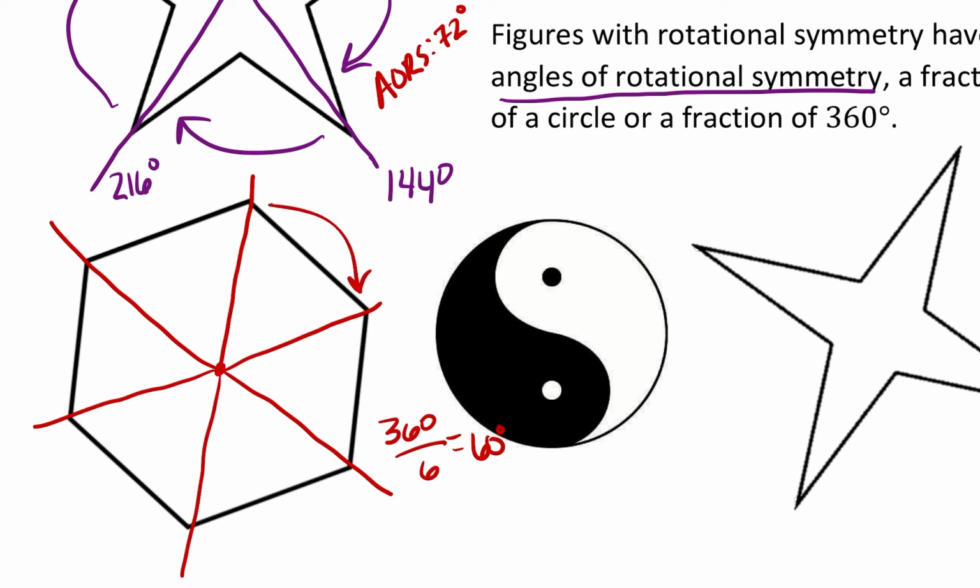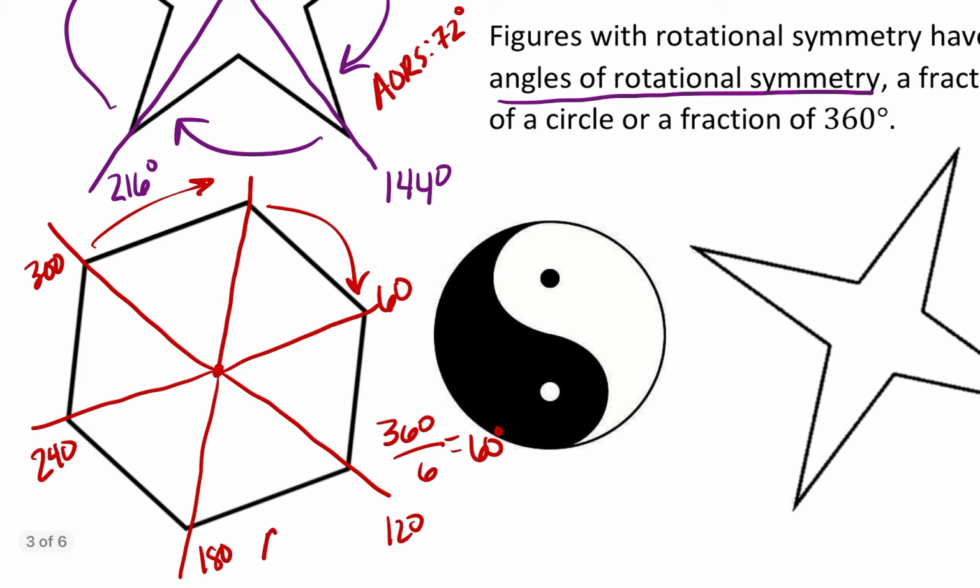So this would be 60, 120, 180, 240, 300, and then we would get back to that 360. So my angle of rotational symmetry is 60 degrees.